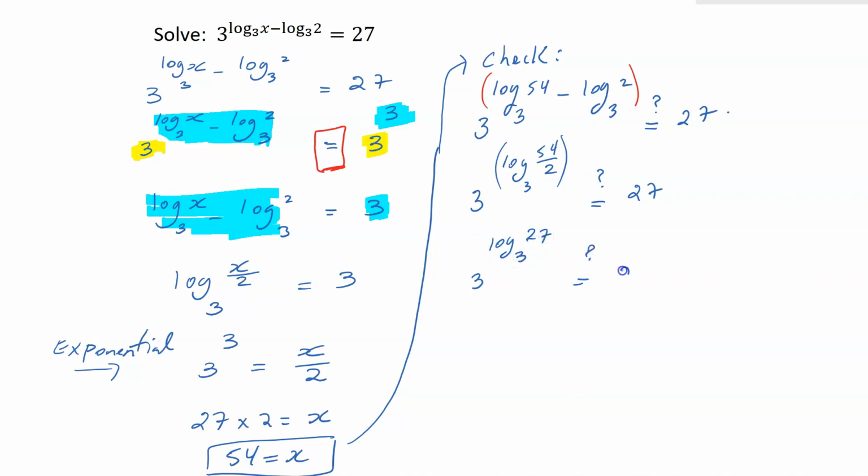Is that equal to 27? All right. Well, log of 27 base 3, we know what that is. That's 3, right? Is 3 to the 3 equal to 27? Yes, it is. So the answer here is correct.